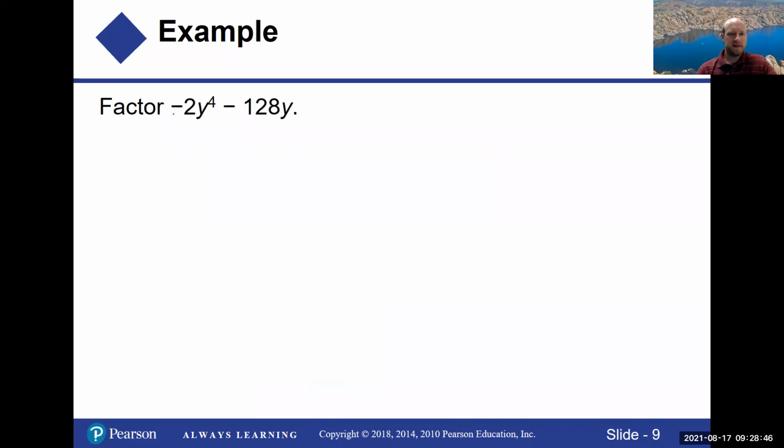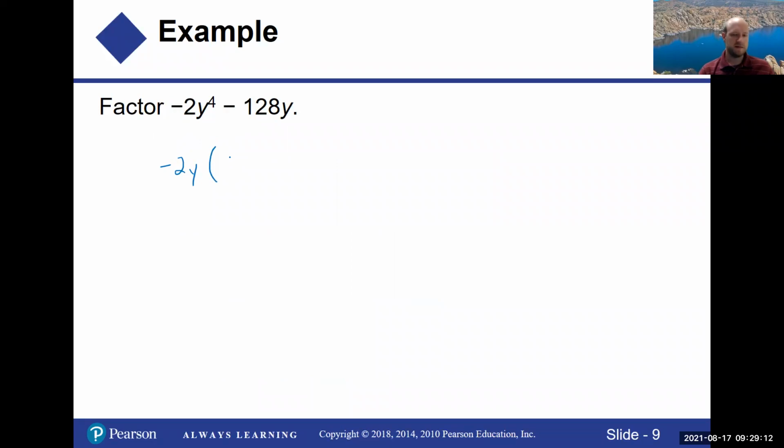All right, factor negative 2y to the fourth minus 128y. Okay, so again, look for a GCF. And when you have a negative, try to take that out. So definitely negative 2 is going to go into both of those. I have a y in there, so I can factor that out.